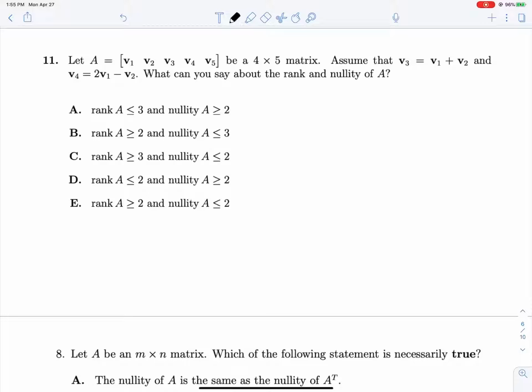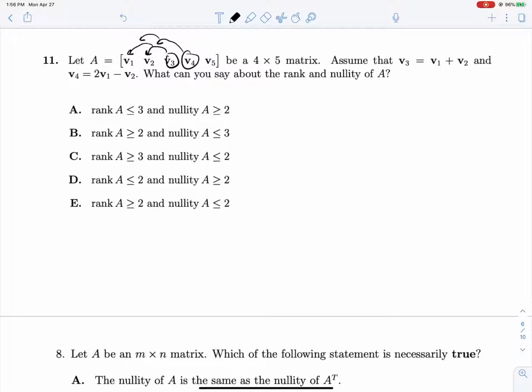Because we have at least 2 of these columns that are linear combinations of other columns, V3 can be made out of V1 and V2, and so can V4. We don't know anything about V5, but it's fair to say that we can treat V3 and V4 as columns that do not have a pivot in them.